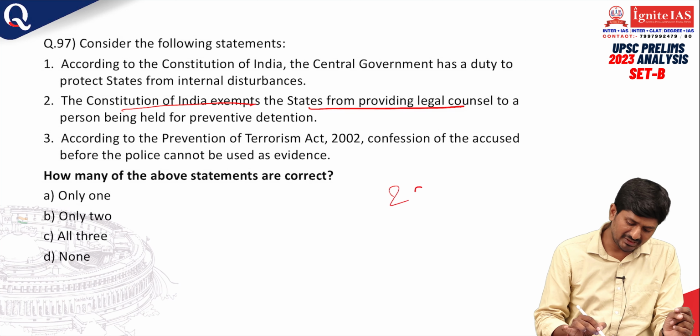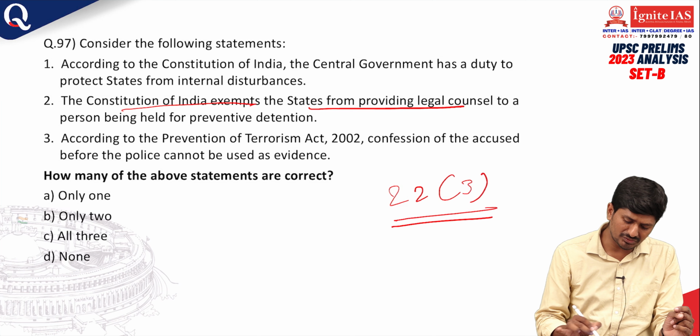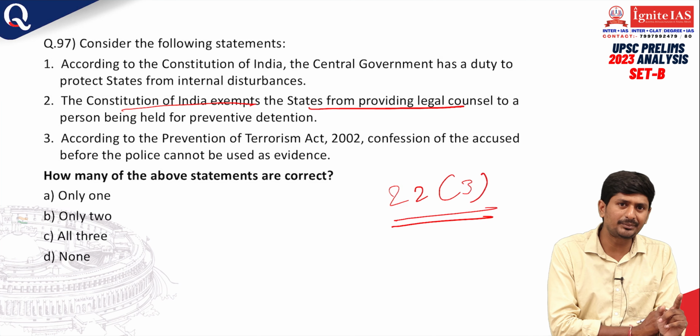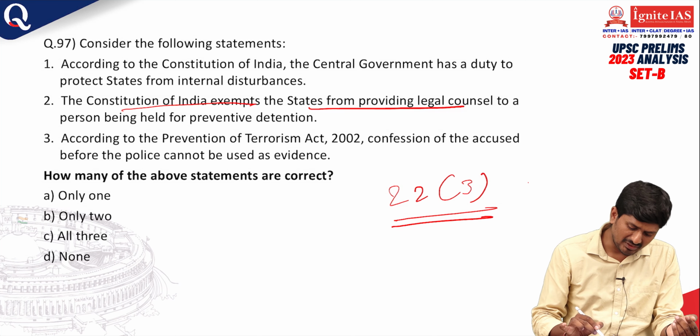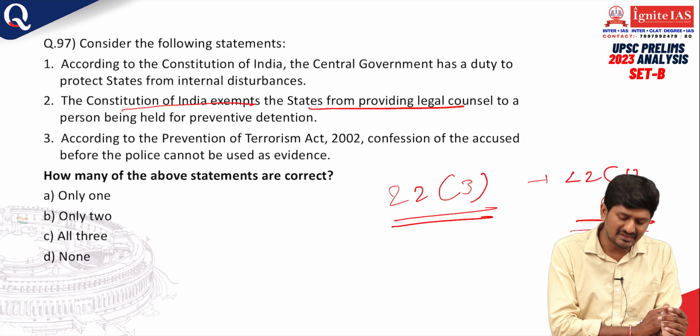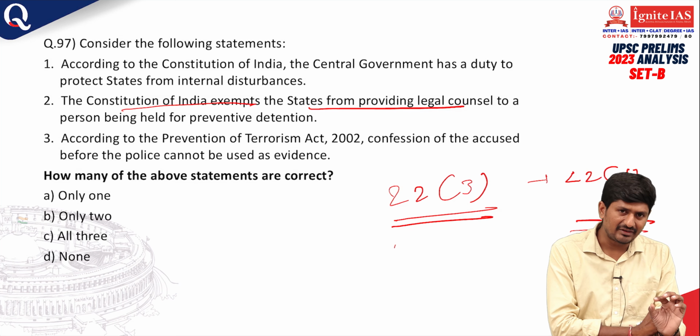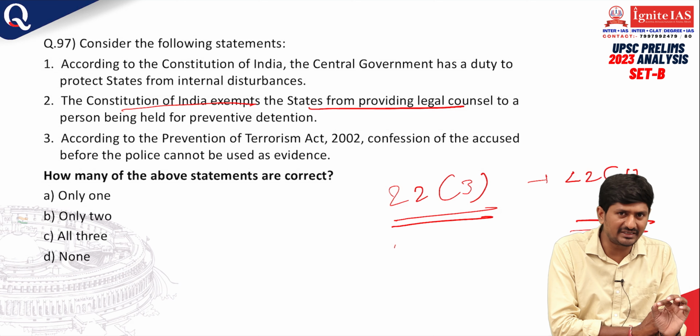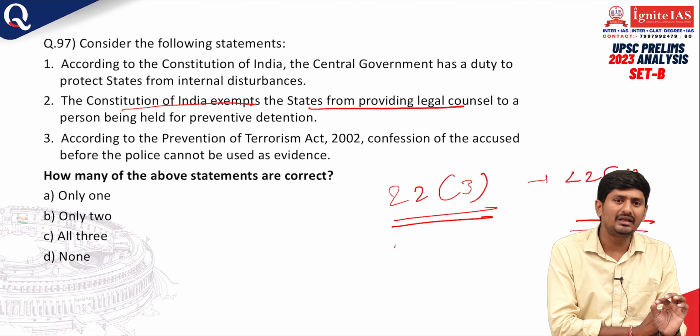Actually, Article 22, clause 3 of the Constitution provides the exemptions for the safeguards provided under Article 22, clause 1 and clause 2. Article 22, clause 3 acts as an exemption for Article 22, clause 1 and clause 2. In this sense, a person who is an enemy alien, or a person arrested under preventive detention, will not be facilitated with legal counsel.